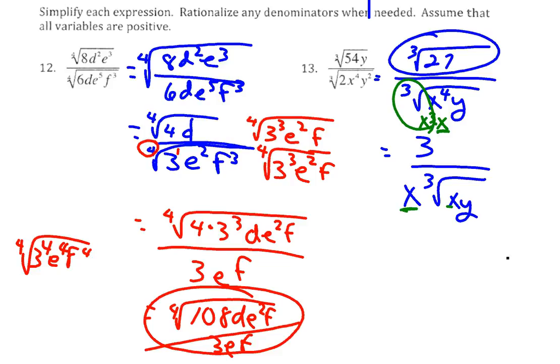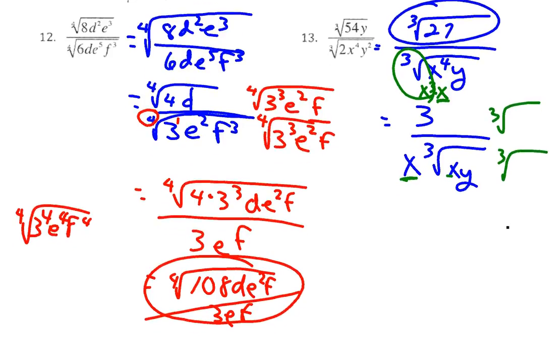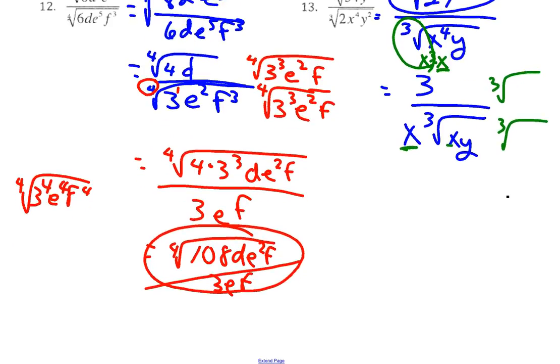Now, I multiply top and bottom by whatever gives me a power of 3 in the radicand here. So I got x the first, y the first. The index is 3, so I need x squared, y squared.